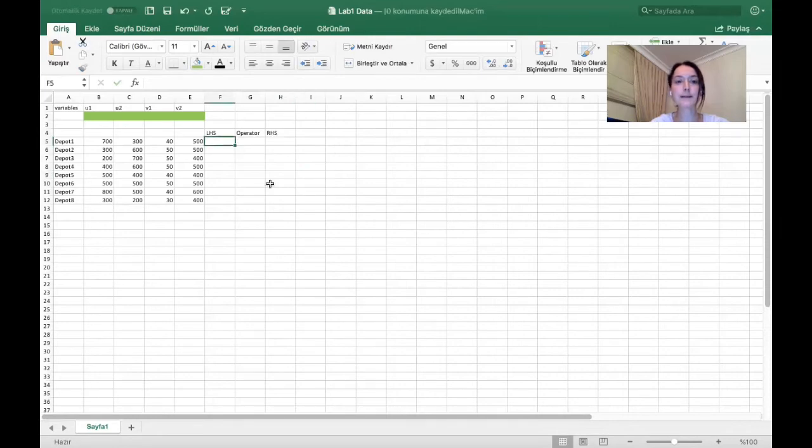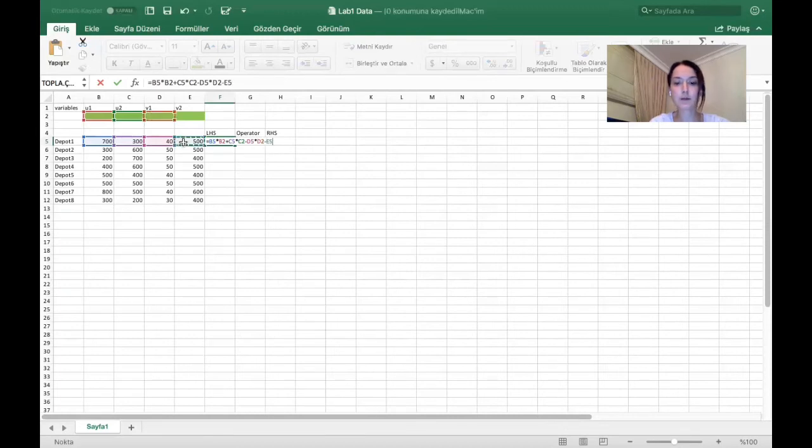Okay, what is the left-hand side? In the left-hand side, we multiply the coefficient of output with the corresponding output for each output and take the sum of them, and then subtract the sum of inputs multiplied by their coefficients.